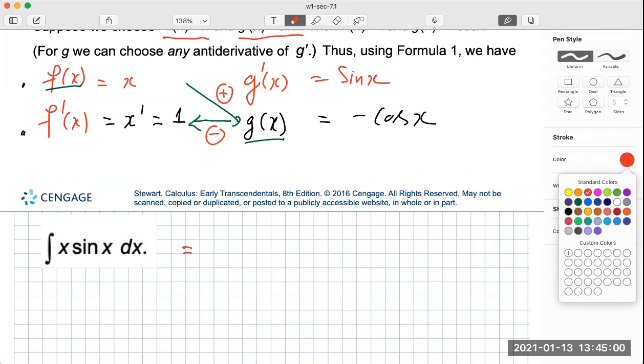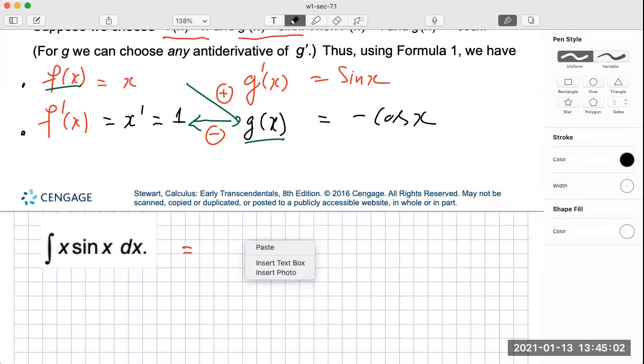So applying the formula, what do we have? Very good. This guy multiplied by this guy, which is x times negative cosine x. The way you do it is very fast, but let us write it slowly this way.